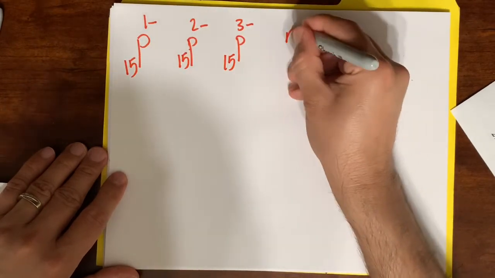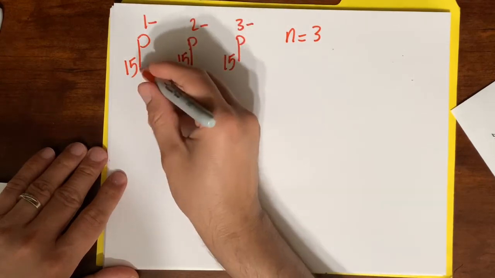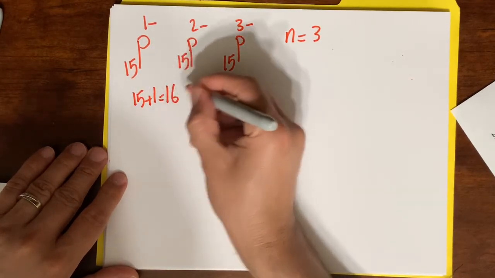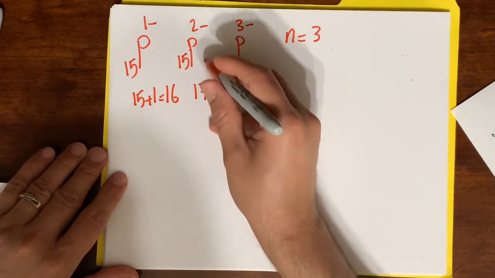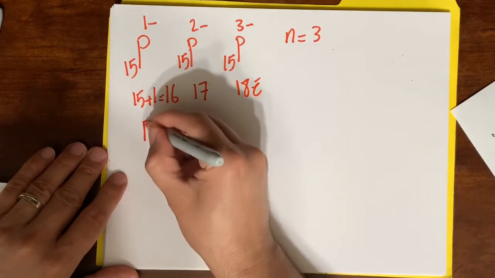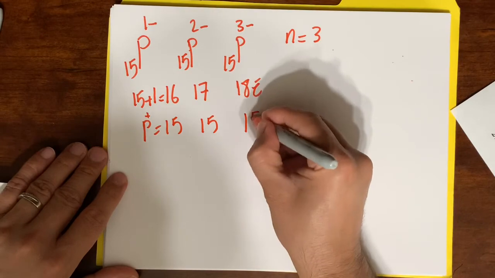All belong to n equal 3. The difference is going to be here: 15 plus 1, 16 electrons. This one is 17 electrons. And here, 18 electrons. And protons still 15, 15, 15.